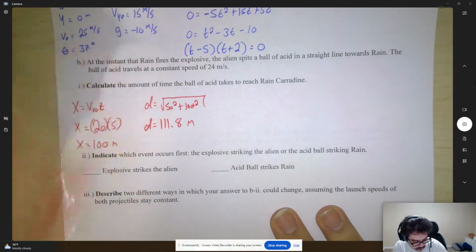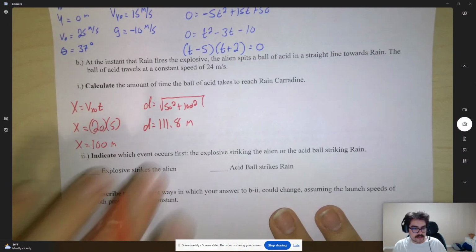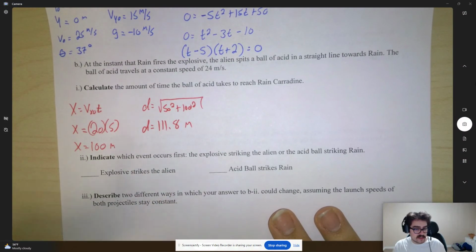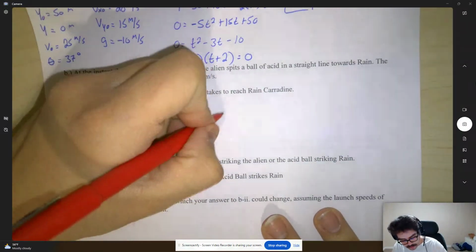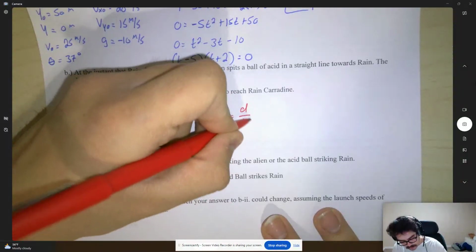111.8 meters. And then I just need to, again, do distance divided by velocity to get the time, right? So time is equal to distance over velocity.